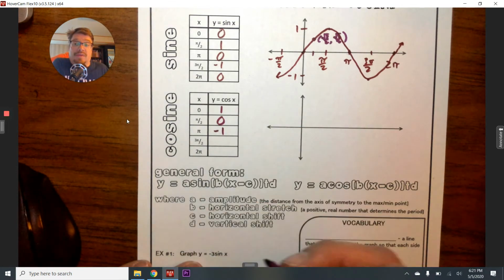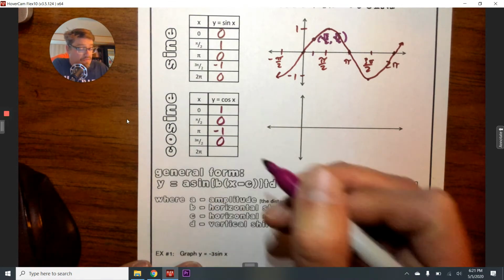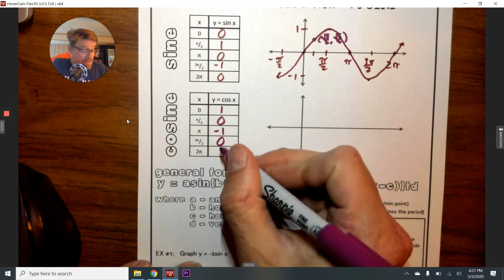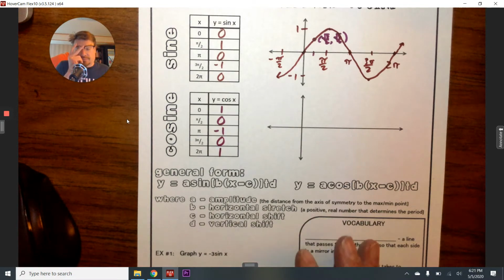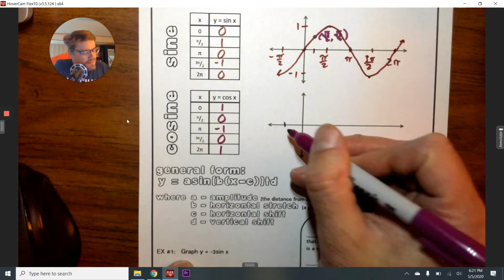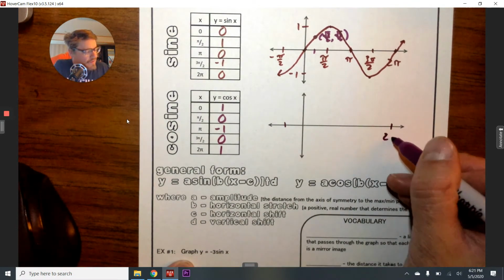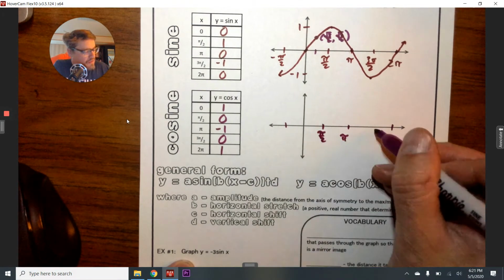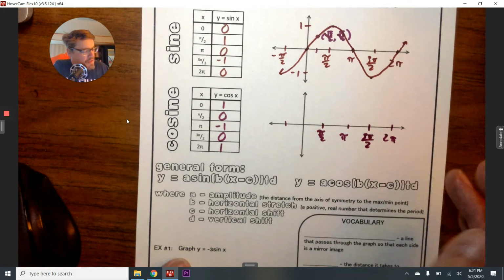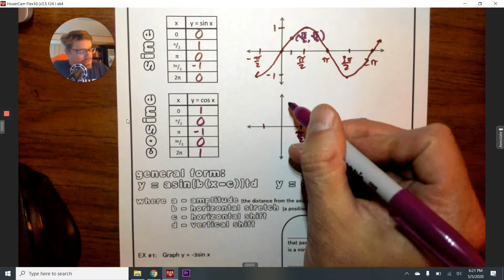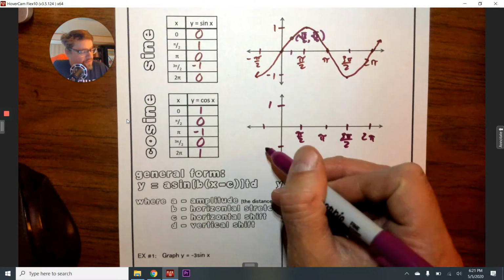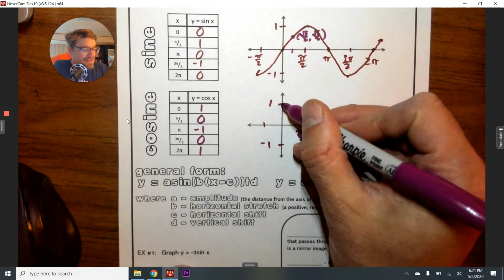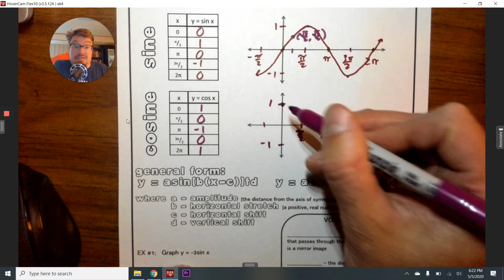When I get to 3 pi over 2, I'm at 0 again. And then as I go back to 2 pi, I'm back to 1. So the way this looks, my maximum value is positive 1 and my minimum is negative 1, but it starts here at 0 degrees.